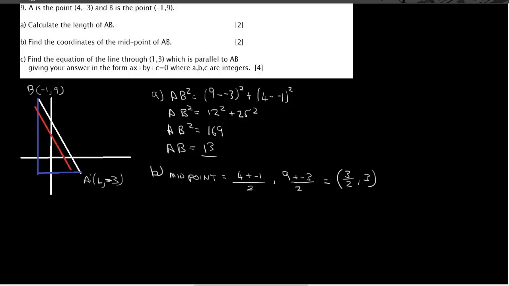That gives us 3 over 2, 3. So it's the midpoint of that and the midpoint of that, which gives us the midpoint of AB.